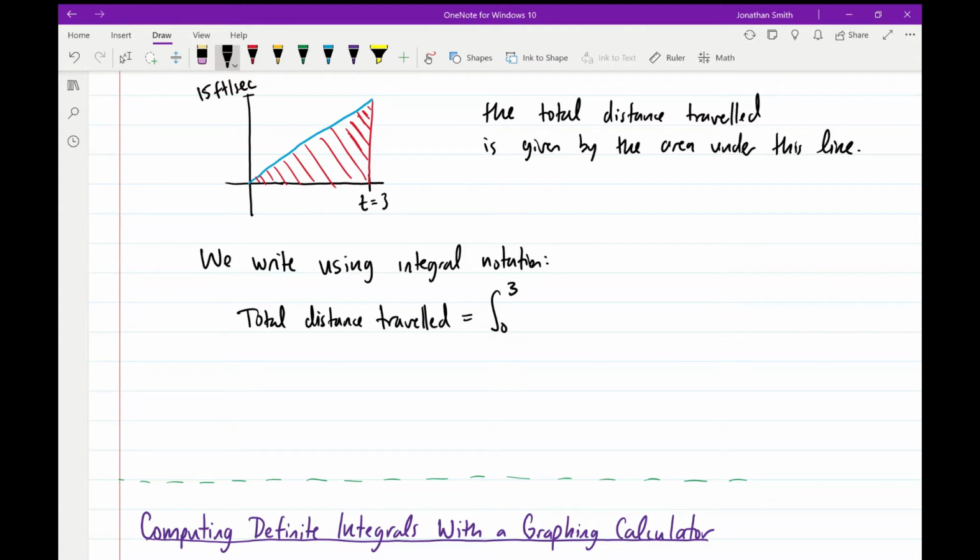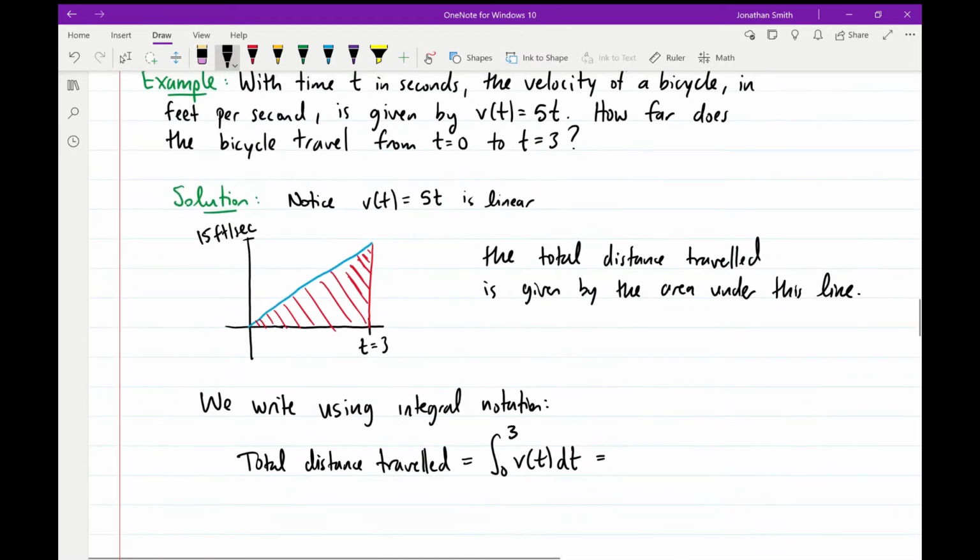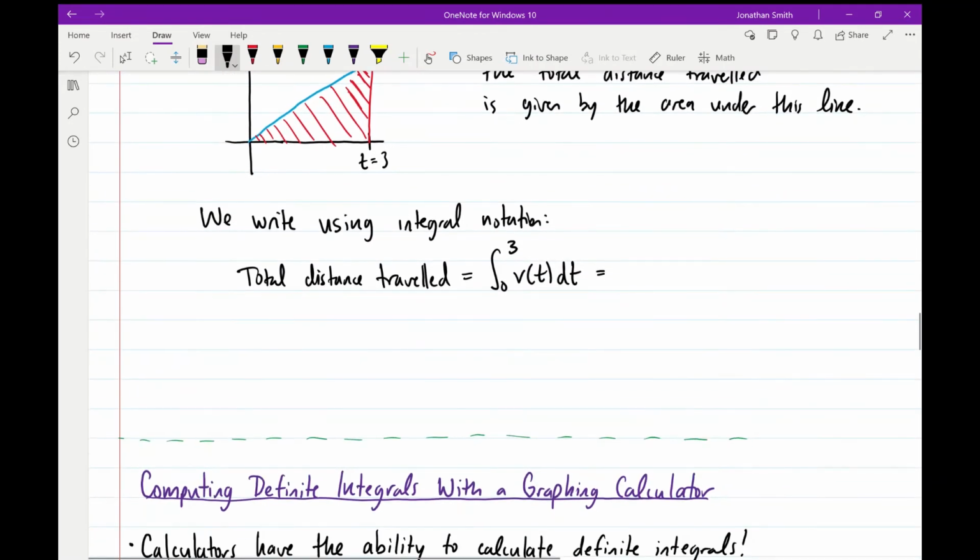So we start at time equals 0, we go to time equals 3, of the velocity function dt. So this definite integral is going to give us the area under this curve that I have sketched above. And in our case, the velocity function is 5 times t, so we'll replace v of t with that. So 0 to 3 of 5t dt.